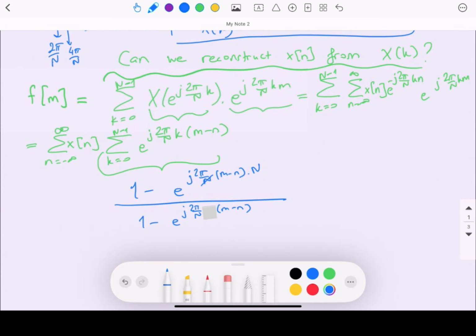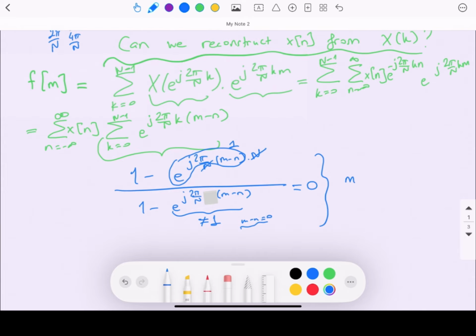Here the N's cancel out, and we can see that since m minus n is an integer, the numerator is equal to 1 minus 1, which is 0. And the denominator is not 0, except for m minus n equals 0. We will consider that situation separately. So this is 0.